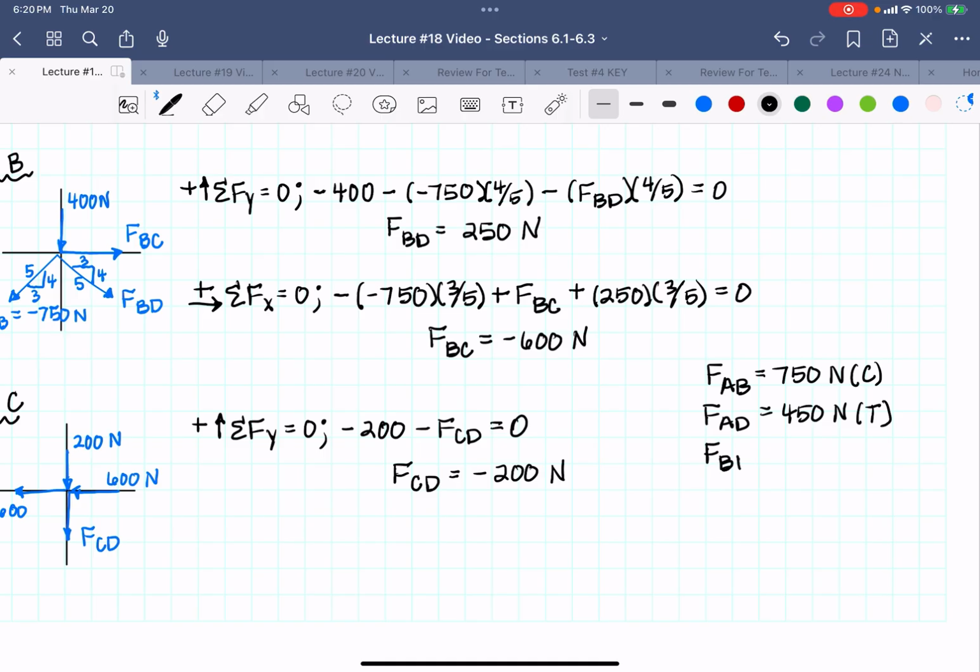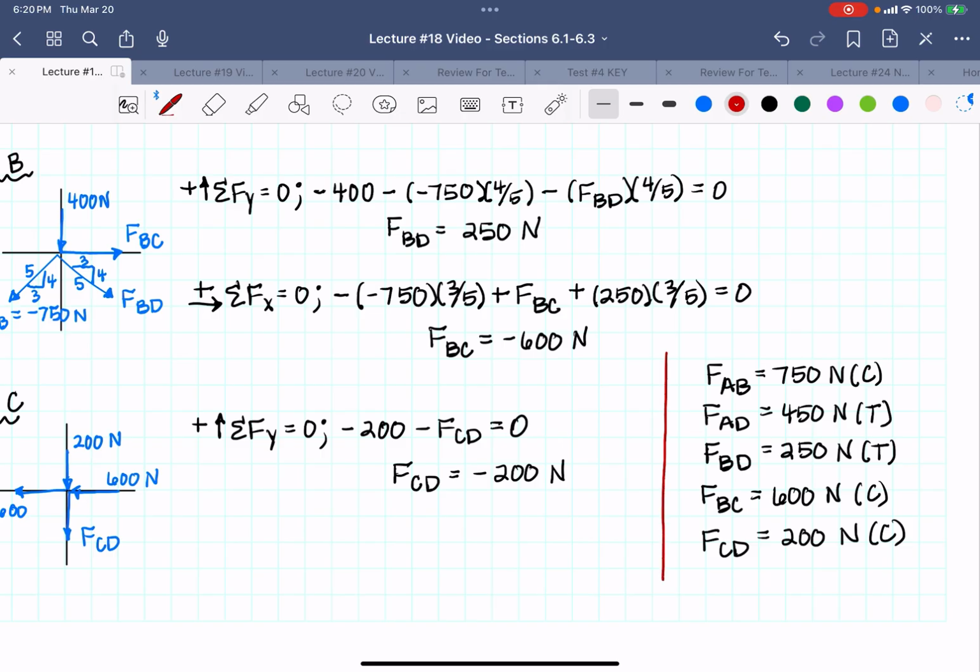I have FBD equals 250 newtons, and it was positive, so it is in tension. And I have FBC, which was in compression because it was negative, so it's going to be 600 newtons in compression. And I have one more, FCD, it's my last one, and that equals 200 newtons, and it was negative, so it is also in compression. And I'm going to put a nice little box around it so my teacher sees it.